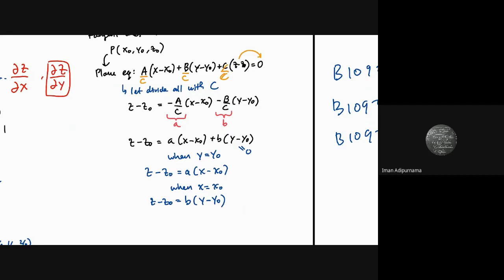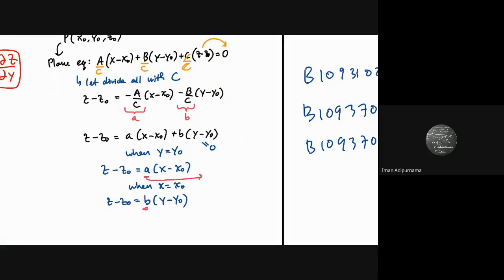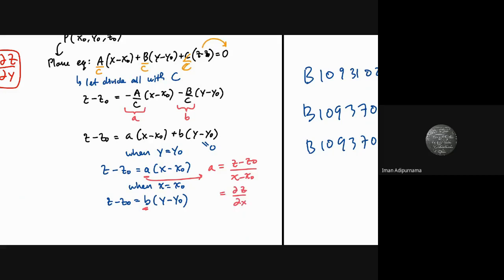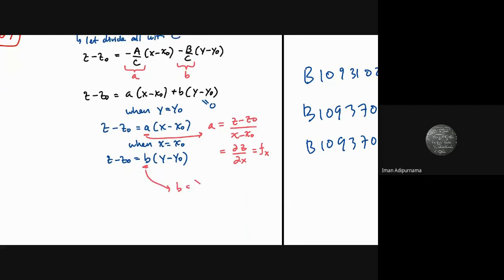And from here, we can define that A and B is actually partial x, and B is partial y. This is t1, right, and t2. Okay.